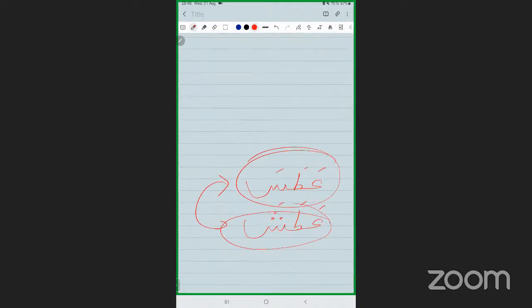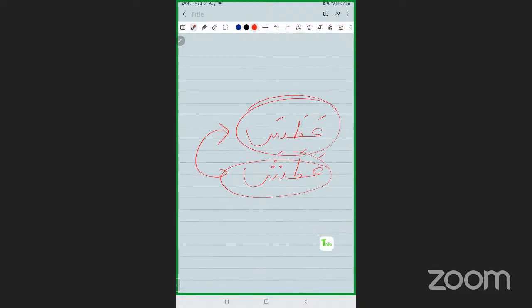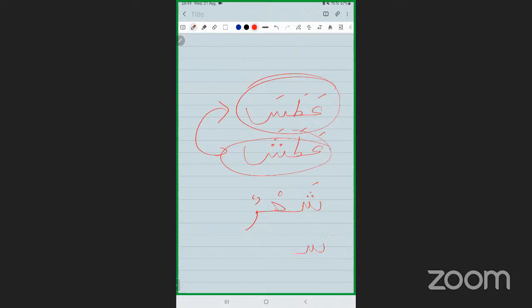Arabic is really a fragile language. If you change a fatha into a kasra, the meanings change. Like this. Both are same or not same? Who will read this for me? First one.